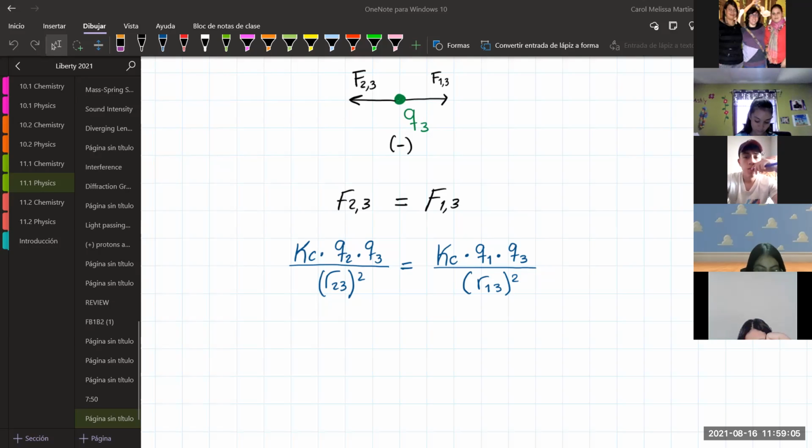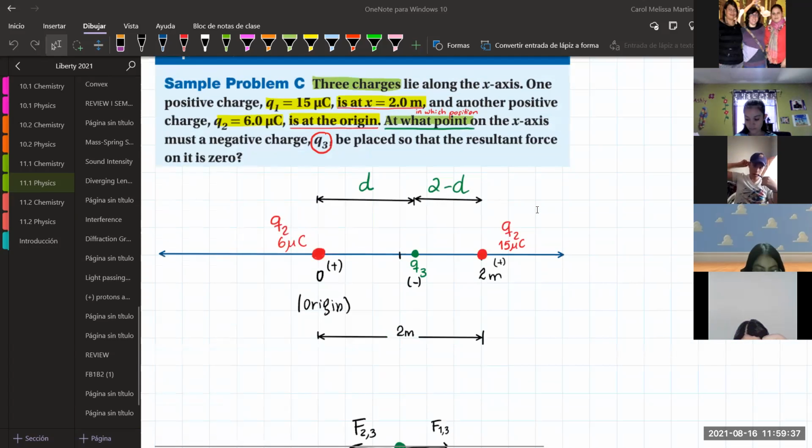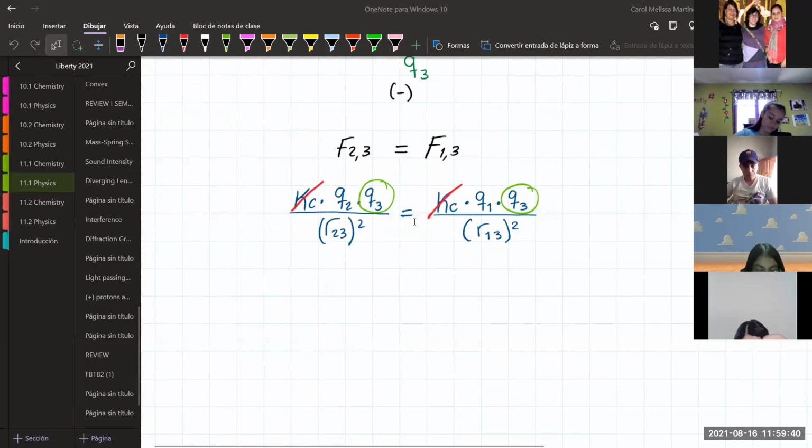For example, Kc and Kc in the two sides is multiplying. I know that it's multiplying because it's above the division sign, okay? So because they are both doing the same and the value is the same, they are going to be cancelled. Again, it happens the same with Q3. Q3 is a value that we don't know because it's not given in the problem. But it's the same variable.